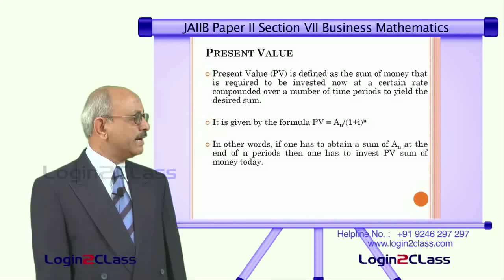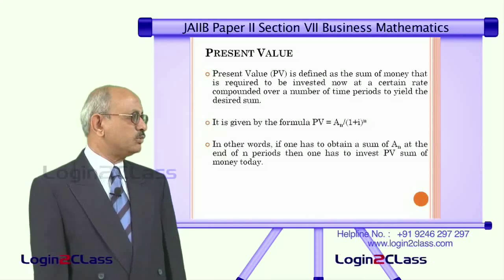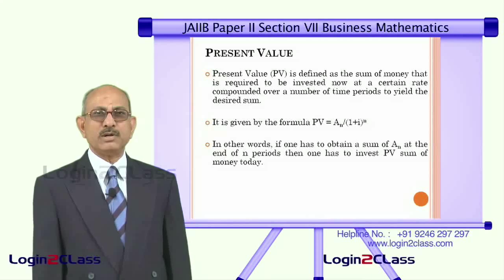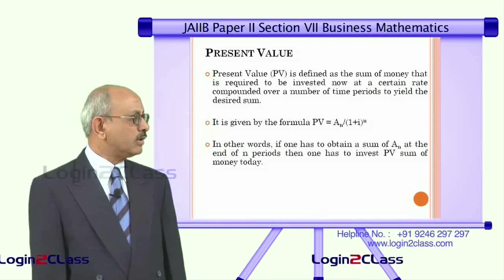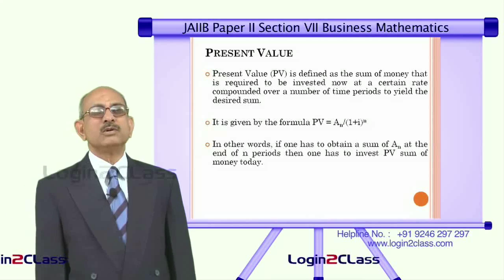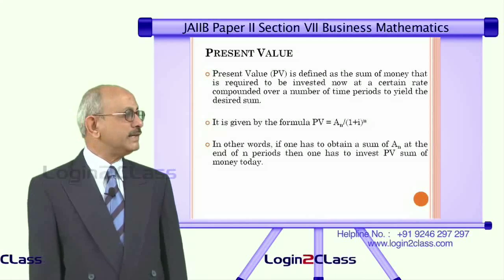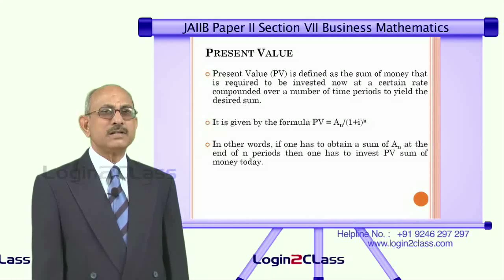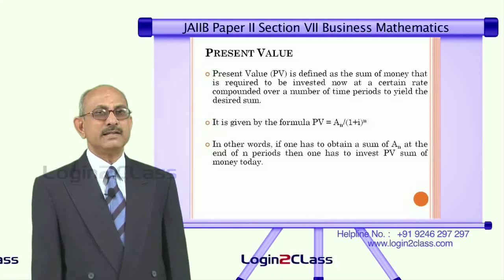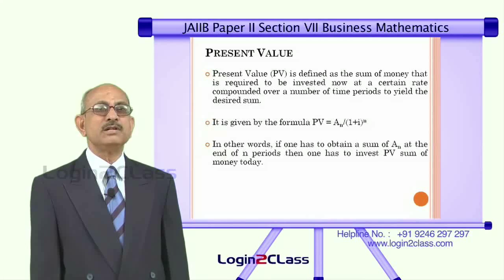And in order to make life easier for everybody, instead of trying to find out what is a compounding factor, that is 1 divided by (1 plus I) raised to n, they have come out with what are known as present value tables. So, there they give the discounting factor for given I and n, and such tables are known as present value interest factor tables.